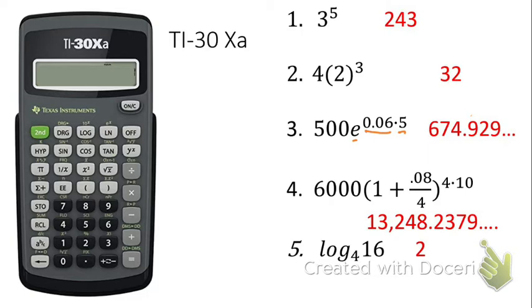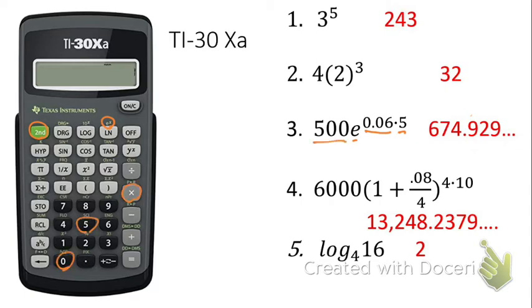Then you need to find this button right here. Hang on. Where am I? Okay. You have to hit second first and then this because that'll get you the e to the x. Now, when you hit second and then that, it gives you another decimal. You take whatever decimal's in the calculator, leave it in there, multiply that by 500.